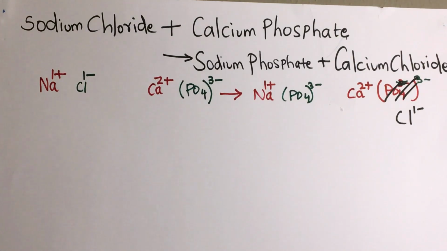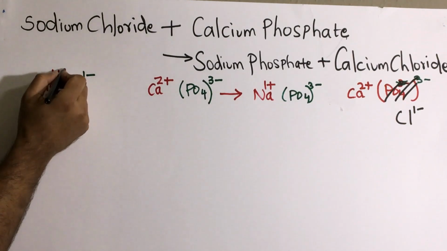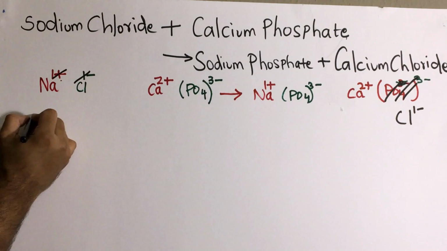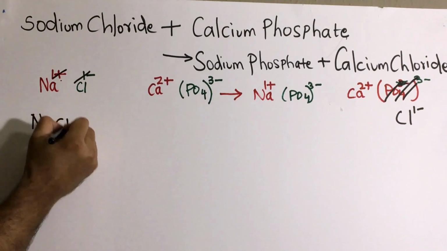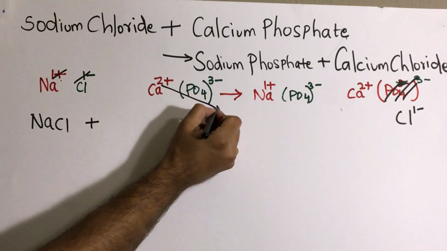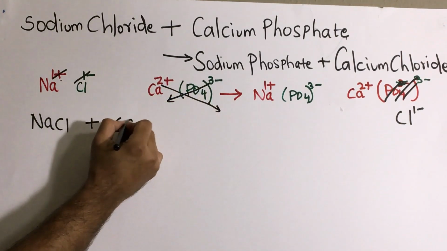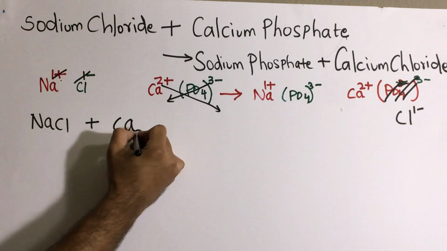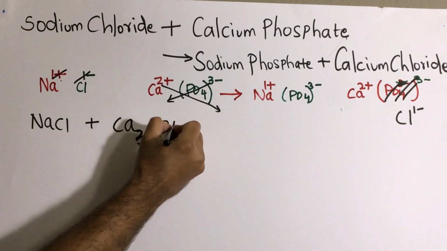So all we have to do now is swap the charges. So because these are exact charges, this turns out to be NaCl. Plus the 2 comes over here, the 3 comes over here, which leads to Ca2, Ca3, PO4 twice.